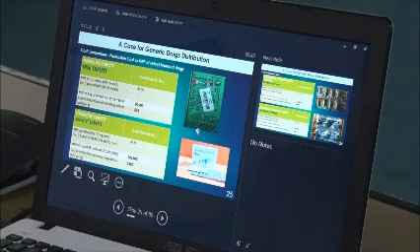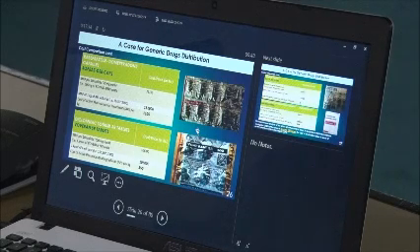Per kg, all these numbers. Then rabeprazole: the markup is 140 times. 1,100 rupees is the cost of production, and the market sale price is 1,52,000 rupees per kilogram.